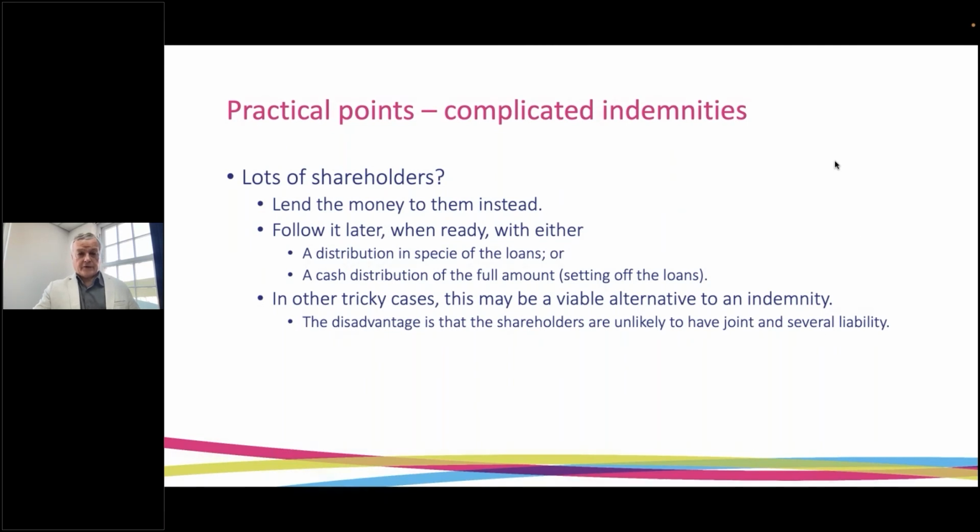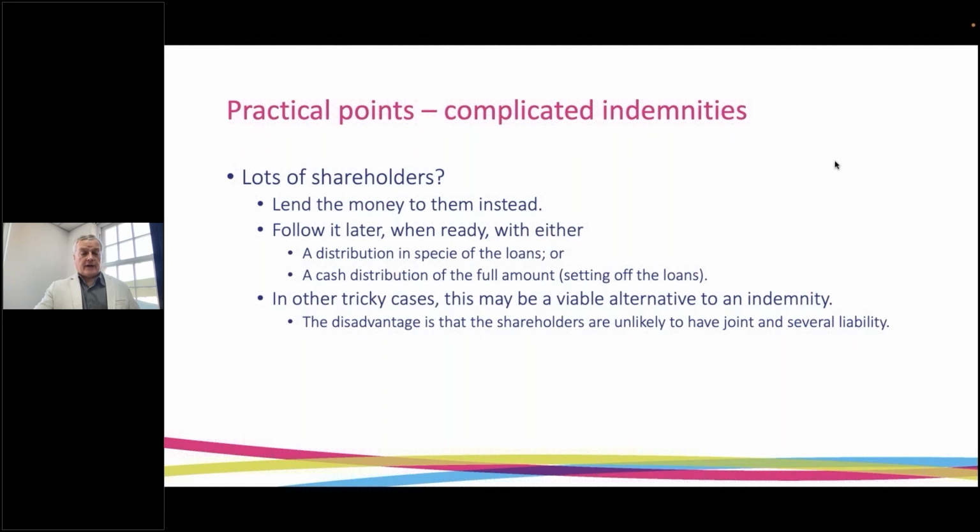And I mentioned a case that we've been involved in recently where we had a very large number of shareholders, and what we did there is we actually made a pre-liquidation loan to the shareholders who wanted it, so that they got the money immediately. The liquidation was likely to take some time to conclude. We knew that was going to be the case.